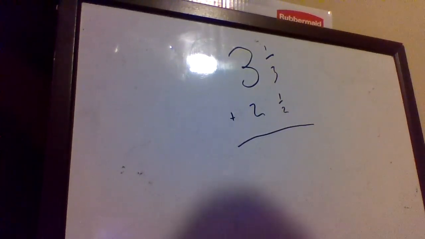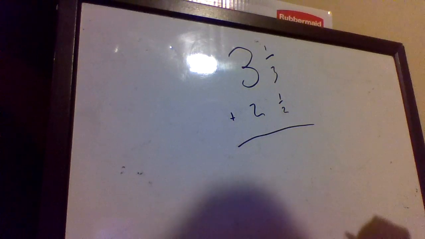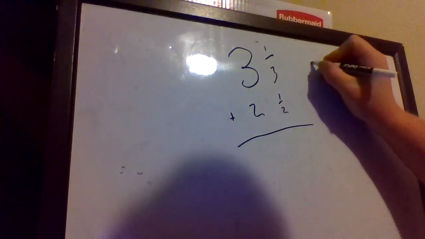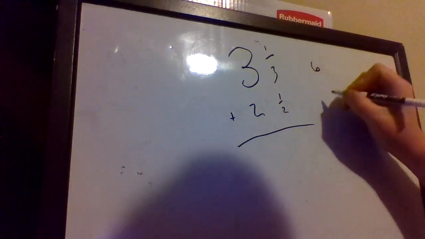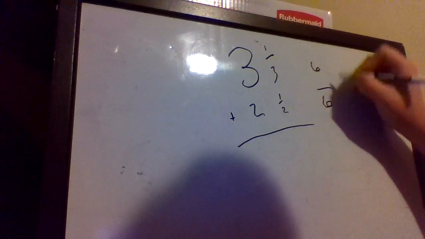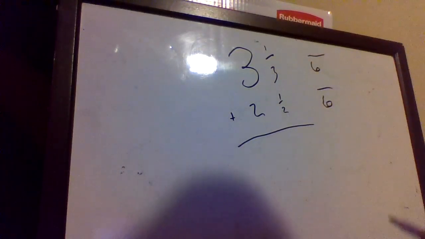So before we do anything, we're adding fractions. So we have to find a common denominator. And the common denominator in this case is going to be 6. And the reason that we know that is because 3 times 2 equals 6.